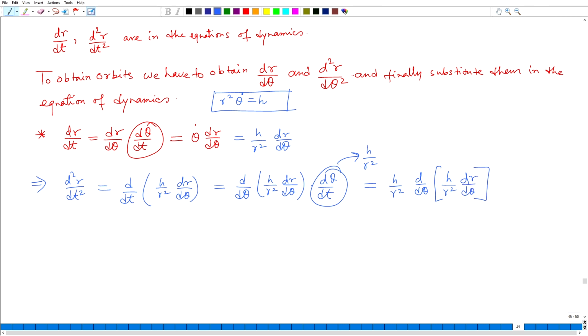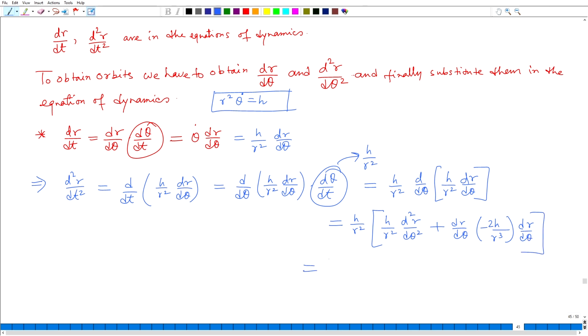And finally, you will see that you will have h by r square d2r d theta 2 plus dr d theta minus 2h by r cube dr d theta.